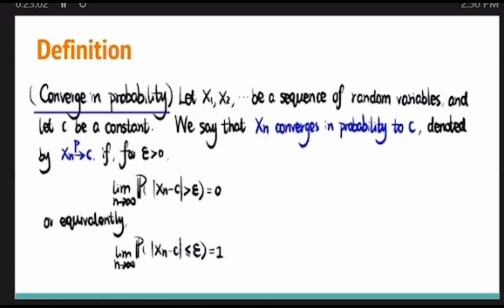Then we say that Xn, a sequence of random variables, converges to c, like it goes and runs and runs, fluctuating, and gets to a point where it converges at a particular value c. What that means is that the condition of convergence of Xn to c is in probability, and that will only occur for epsilon greater than 0. Of course, epsilon is the threshold that you set.